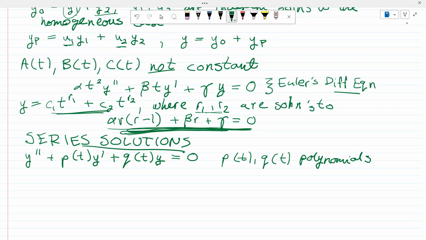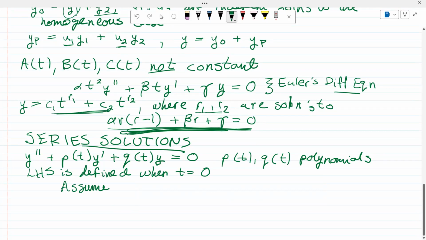And then if we have that the left-hand side is defined when t equals 0, then we can assume that our general solution can be written as a Taylor series centered around 0.